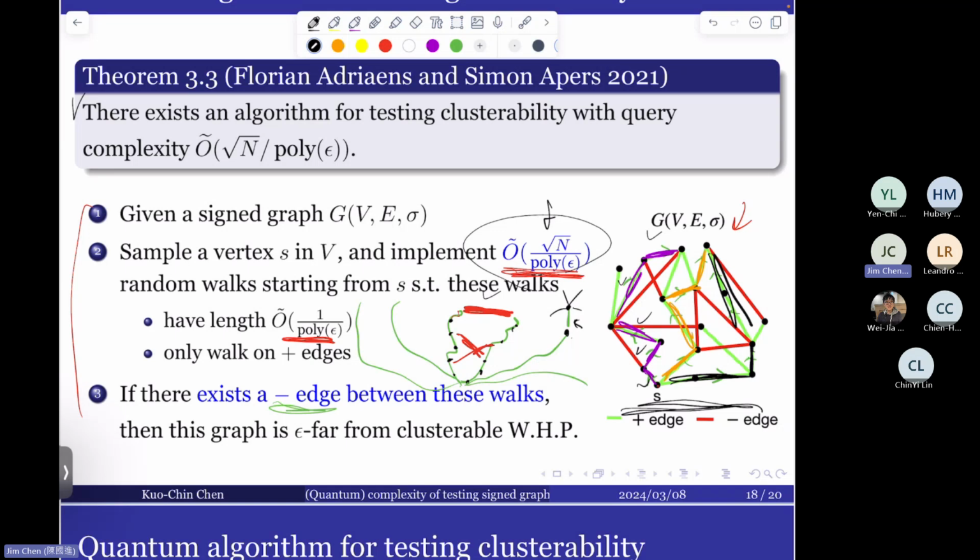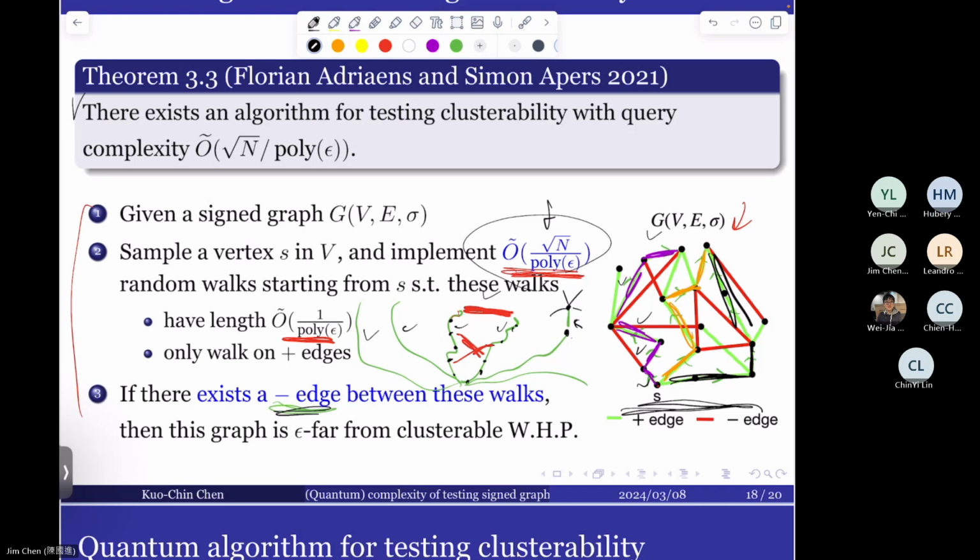If that vertex is contained in some other walk, then we find a negative edge. Does that make sense? Yes, it makes sense.